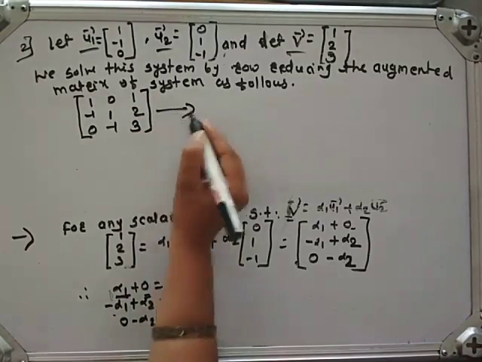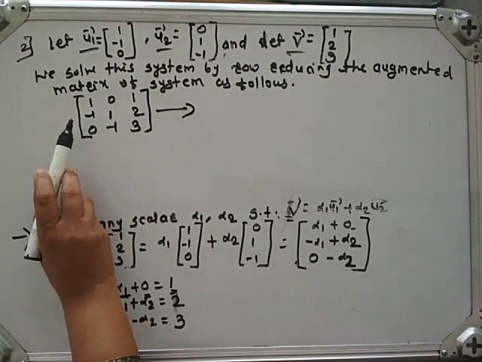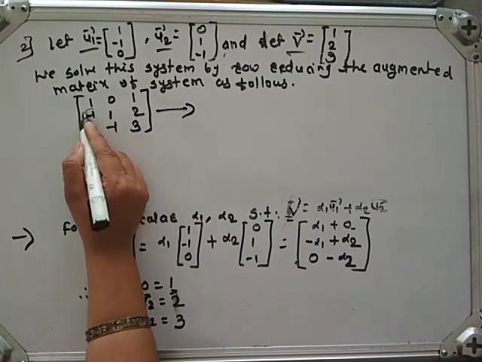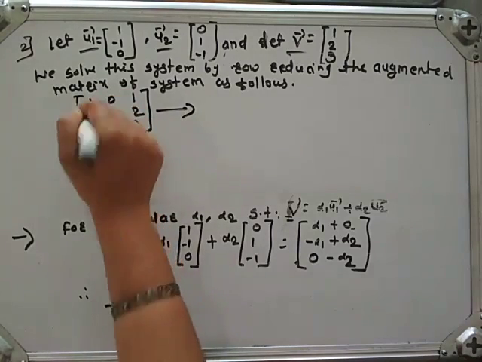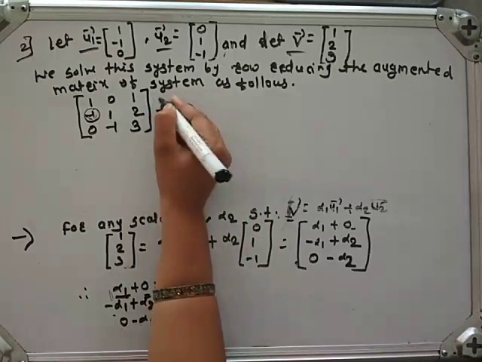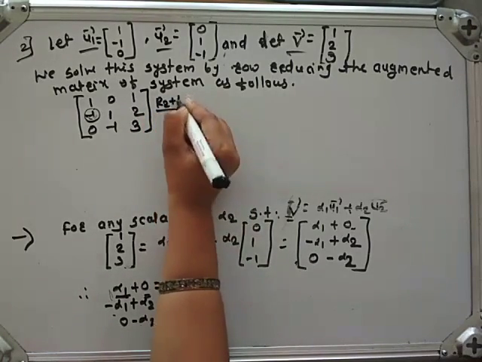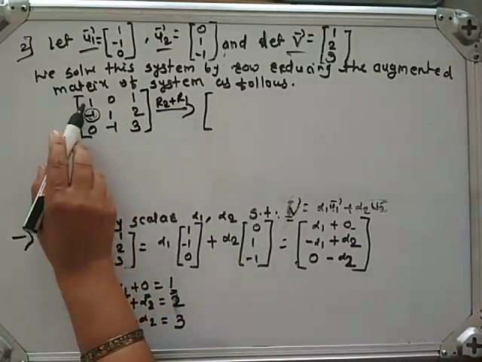Here, in row reduced form we require 0, because in row reduced form a leading one is the only non-zero element in its column. Therefore we perform the row operation R2 plus R1.